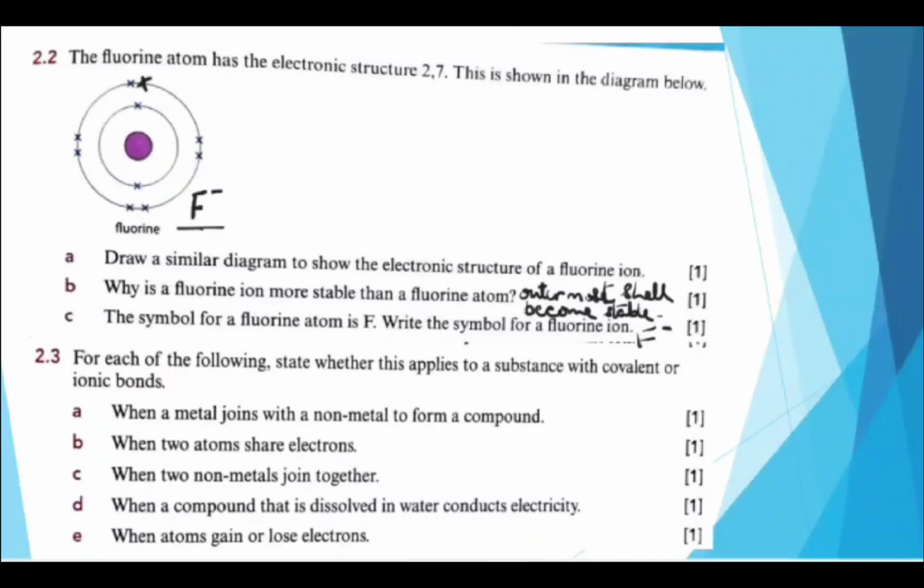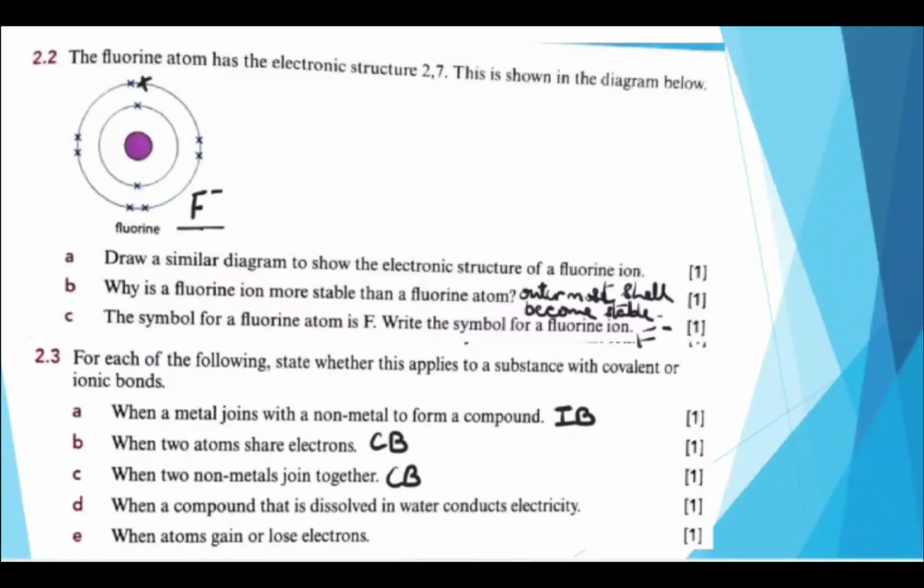Okay, for each of the following, state whether this applies to a substance with covalent or ionic bond. Superb. When a metal joins with a non-metal to form a compound, it's an ionic bond. Okay, when two atoms share electrons, covalent bond. Children, we've done all this. When two non-metals join together, covalent bond. When a compound is dissolved in water and conducts electricity.